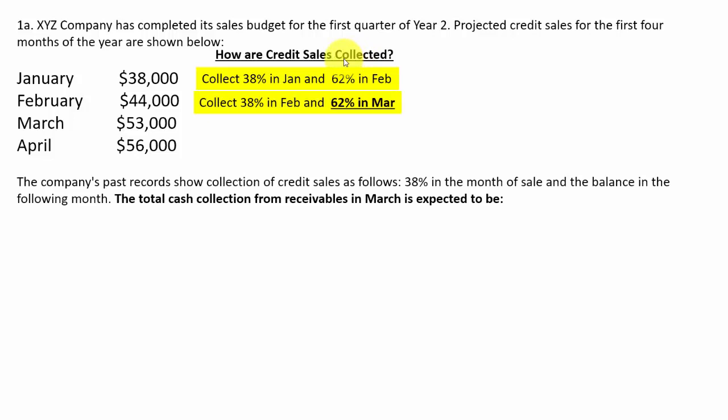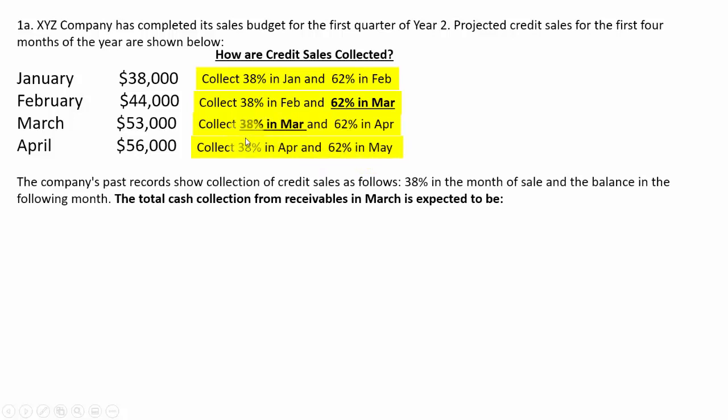Same thing for February: we collect 38% of February sales in February and 62% in March. For March, we collect 38% of the March credit sales in March, and 62% in April. And for April, we'll collect 38% of April sales in April and 62% in May.